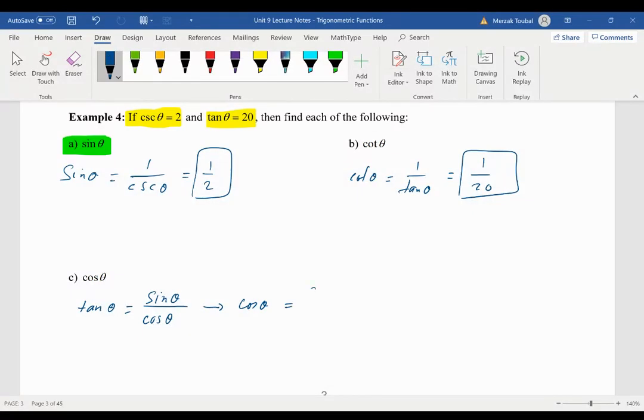Cosine of theta is sine of theta over tangent of theta. Do we know sine? Yes, sine is 1/2. Do we know tangent? Tangent is 20. So 1 over 2 times 1 over 20, which is 1 over 40.